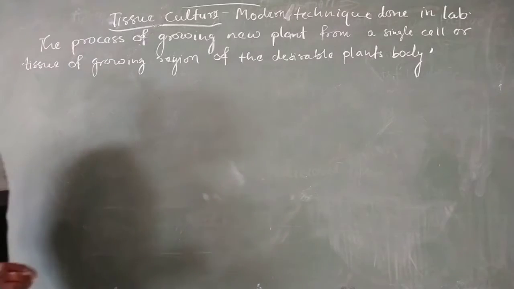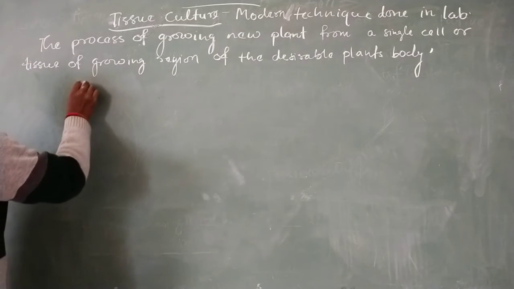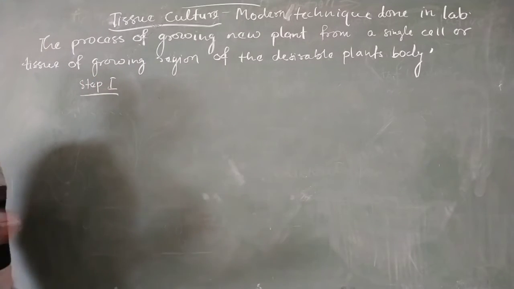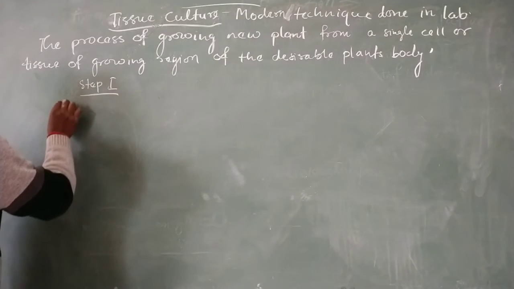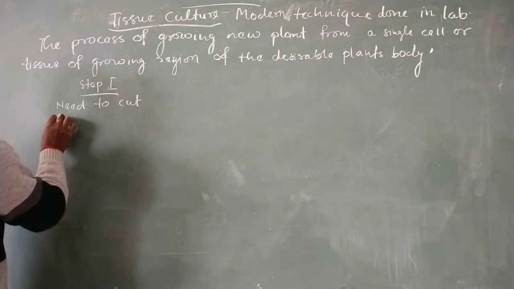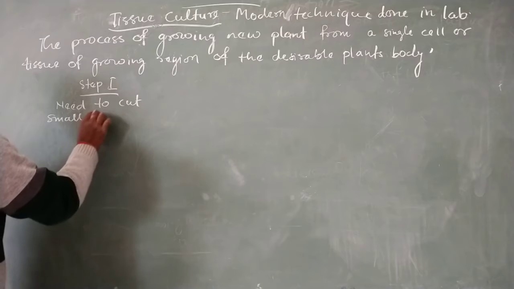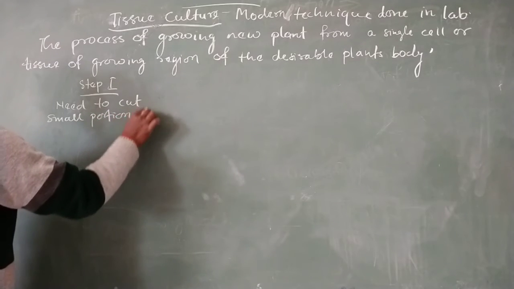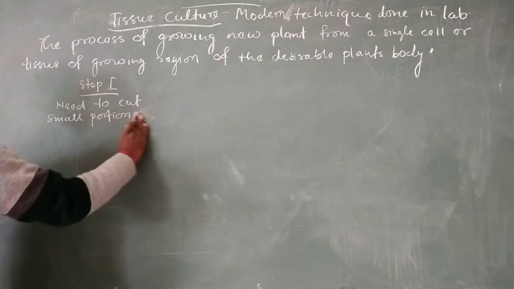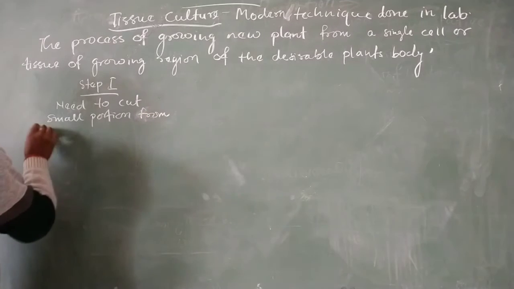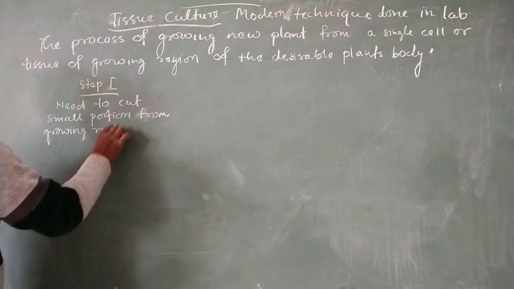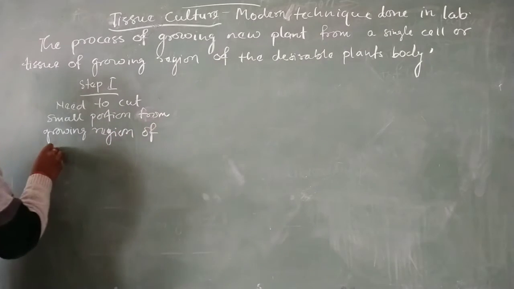So the tissue culture process takes place in different stages. In the first stage, we need to cut a small portion from the growing region of the desirable plant.